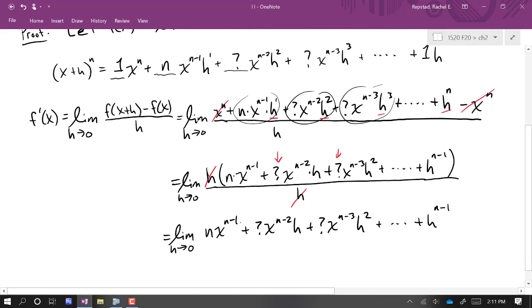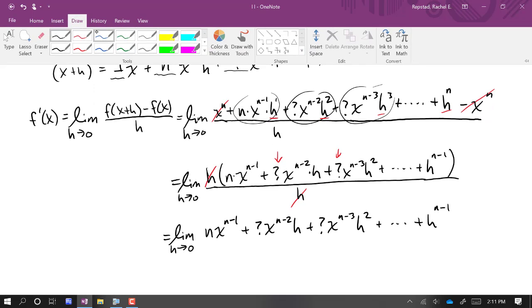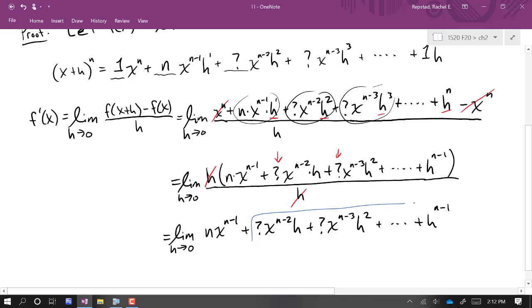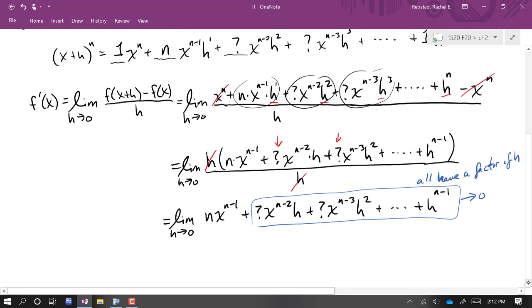With the exception of the first term, these all have a factor of h, and so they approach 0 as h approaches 0. And so when we apply the limit now, we get n times x to the n minus 1. And that is the derivative with respect to x of x to the n.